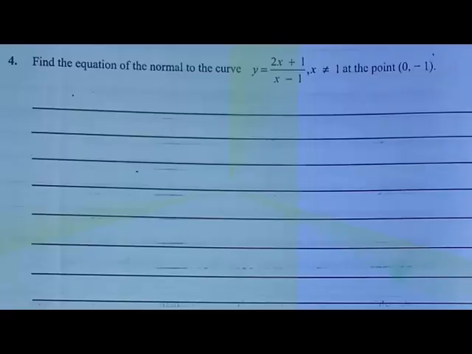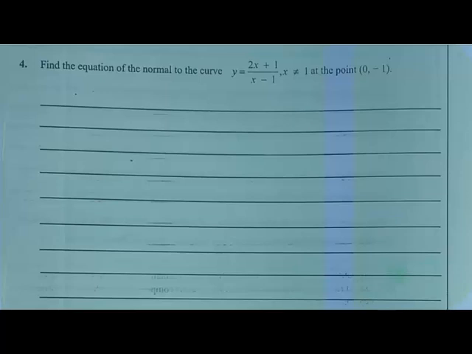Find the equation of the normal to the curve y equal 2x plus 1 all over x minus 1, where x is not equal to 1, at the point 0, -1. So the given equation is y equal 2x plus 1 all over x minus 1. So we are going to use the quotient rule.